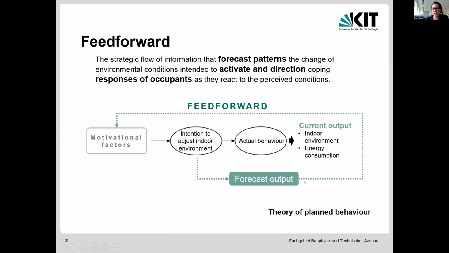This forecasting output will be provided as an input to the participants, and it's intended to activate or redirect the coping responses of occupants as they react to the perceived conditions of the environment.